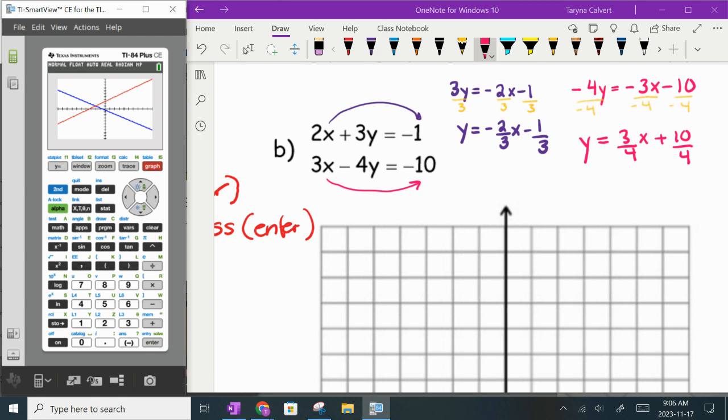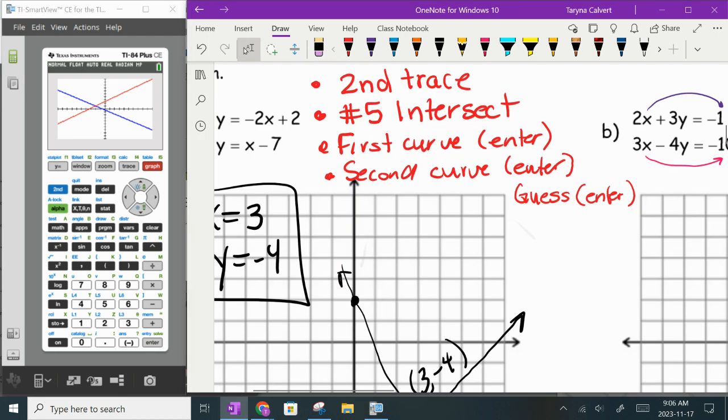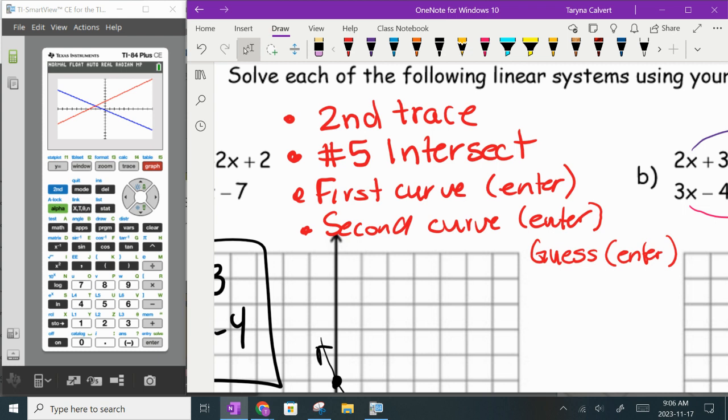Awesome. All right, so then same thing as before, guys. We're going to go through these steps again. So second, which is first column, second button down. It literally says second on it. So second, trace.